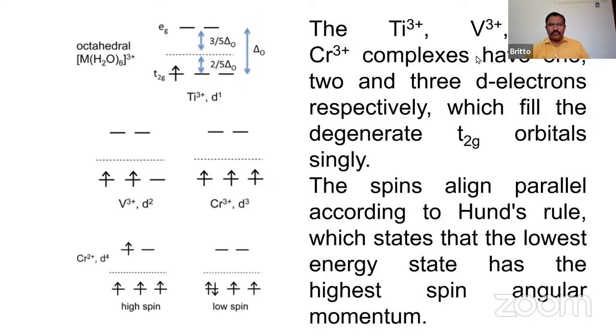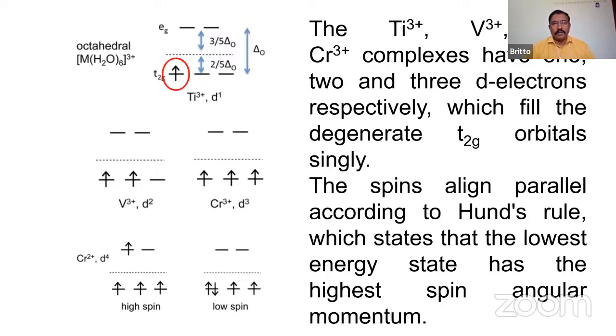Titanium 3 plus, vanadium 3 plus, and chromium 3 plus all have high spin complexes. Chromium 2 plus can have high spin or low spin depending on the ligand, because with a d4 configuration the fourth electron can pair up in the t2g level or go to the eg level, depending on the energy splitting, which depends on the ligand.